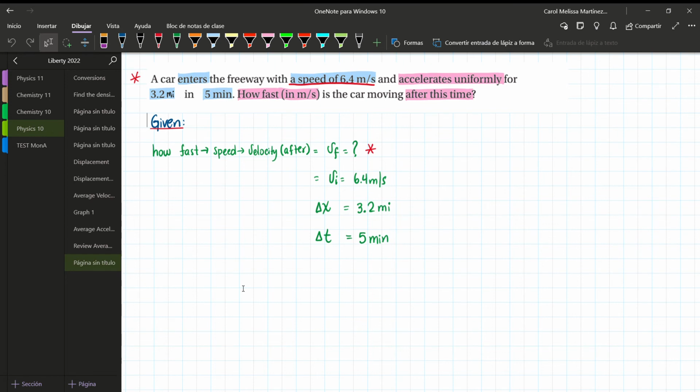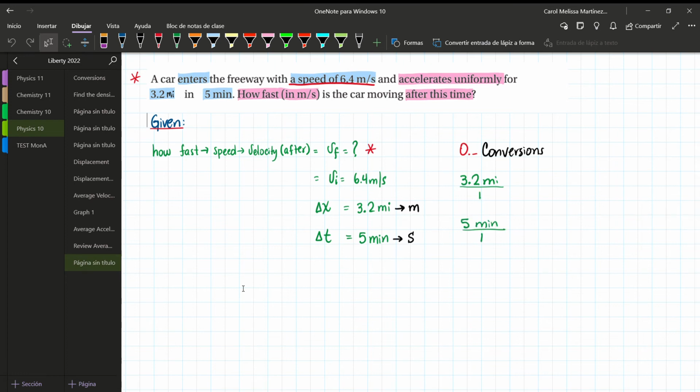So, in my step 0, what do I do? I need to convert 5 minutes to seconds. Do I need to convert something else? Yes, the miles to meters. So I do my conversions, 3.2 miles, and then 5 minutes.